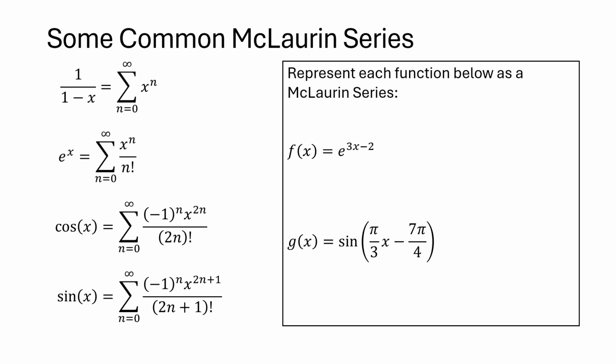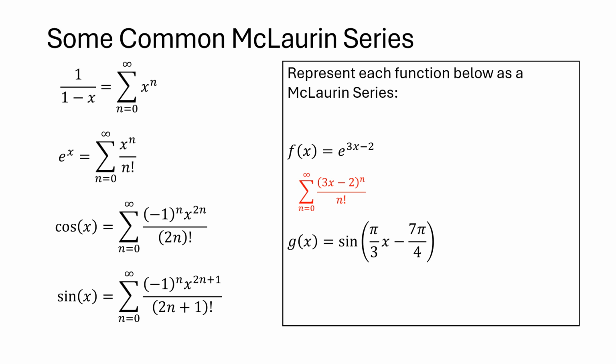Anyway, back to this. You don't need to do that much work to calculate these. So for example, for e to the 3x minus 2, all we do is we take the series for e to the x, but instead of x, just write 3x minus 2. We now have a power series, and for our purposes, we're done. Yes, you could expand that out. However, again, those of you that want more work, give me a warning when you come into the room.